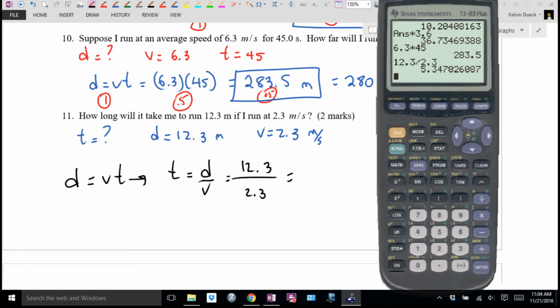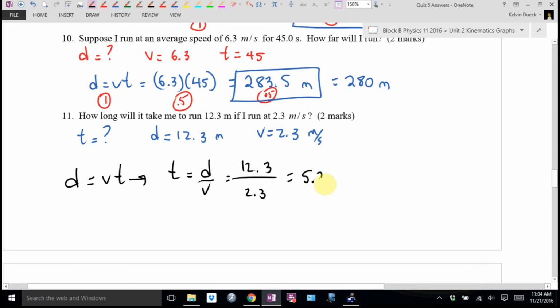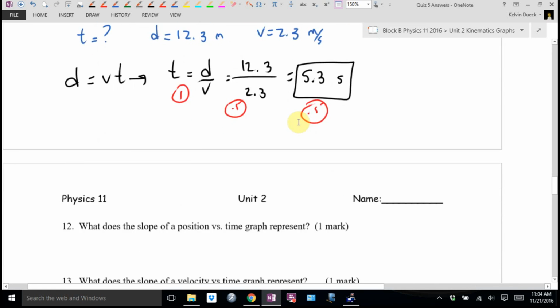You get 5.347. I'm going to go 5.3 seconds. 5.35 seconds I would take. If you said 5.34, I'd take a half off. Is that right? Again, 1 mark, half mark, half mark. Next page.